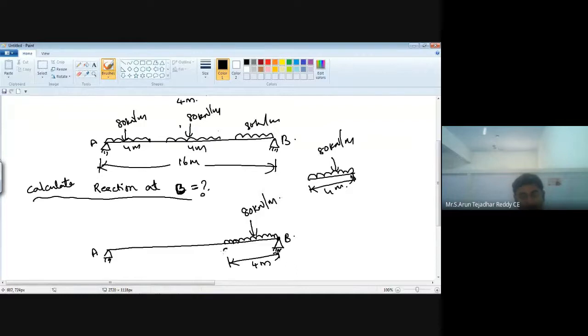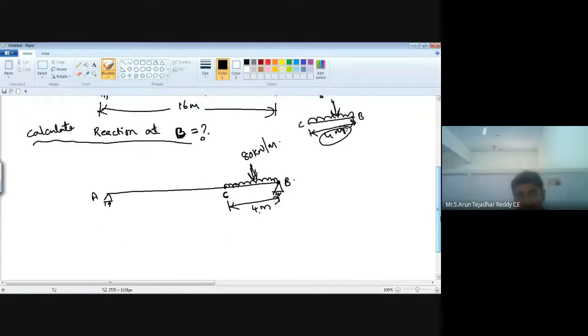Okay. Now this is C. C to B is 4 meter. Imagine this is C to B and it is 80 kilonewton per meter. So same intensity I have applied here. That's it. Now our main span is 16 meter.